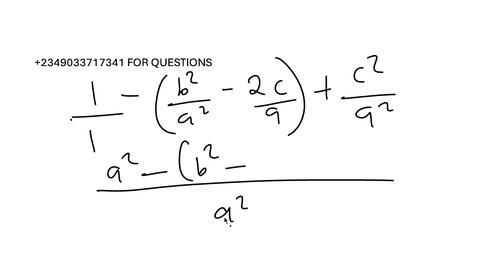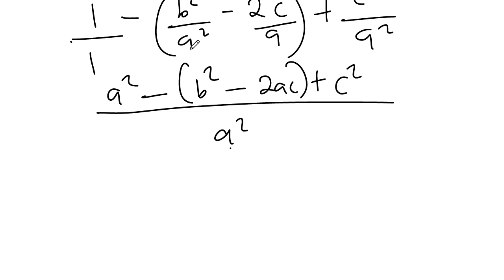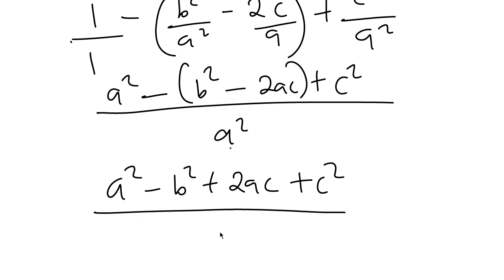Then negative, a squared divided by a is a times 2c, that will be 2ac, plus a squared divided by a squared is 1 times c squared, that will give us c squared. With this, the job is done. So that will be a squared minus 1 times b squared gives us negative b squared, and negative times negative 2ac will give us positive 2ac plus what? c squared all over what?